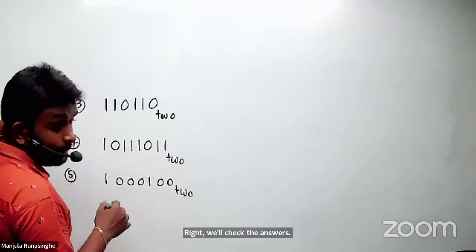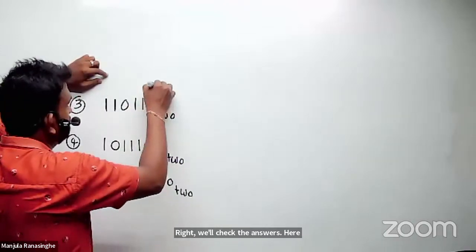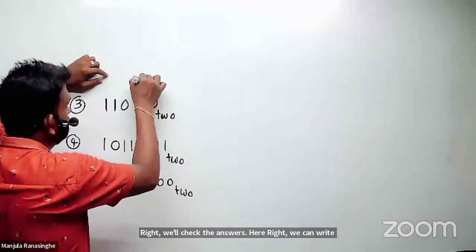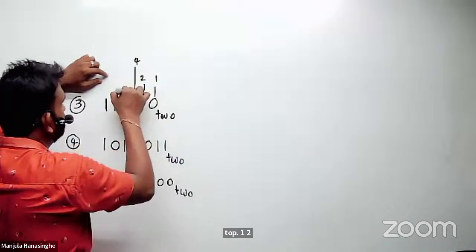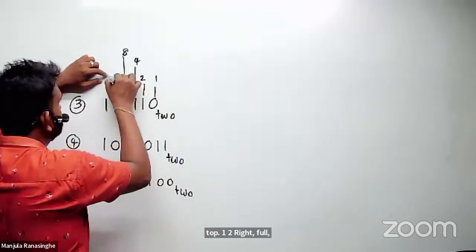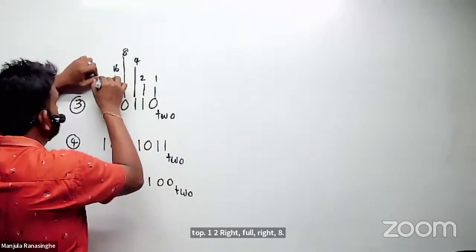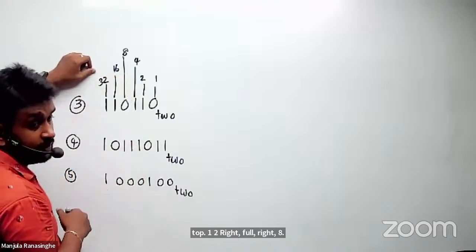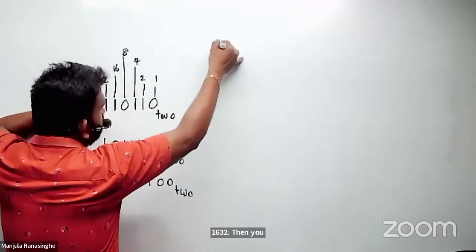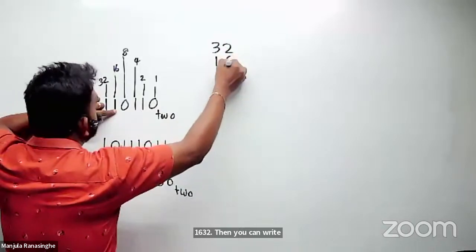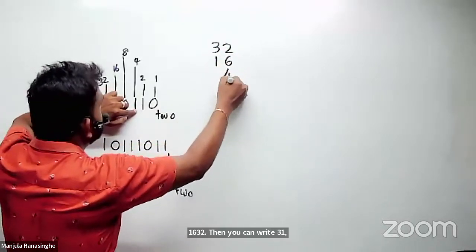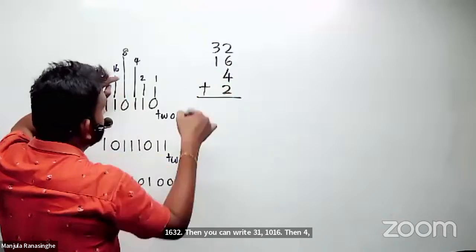Here we can write on top 1, 2, 4, 8, 16, 32. Then you can write 32's 1, then 16, then 4, then 2. You can add up all these.